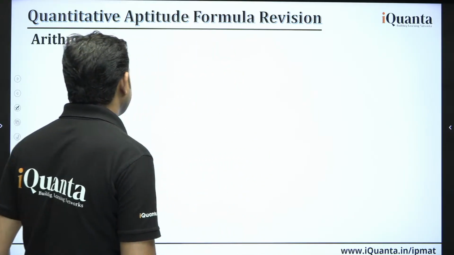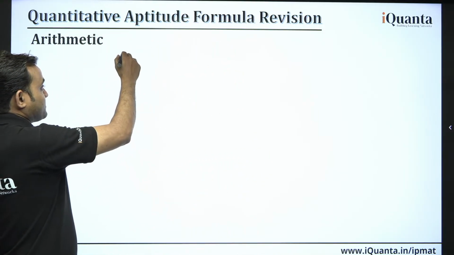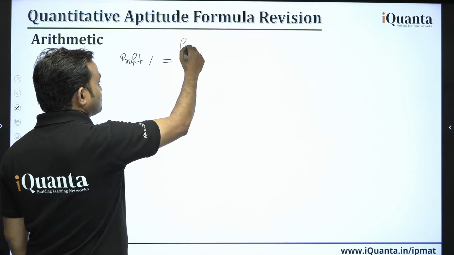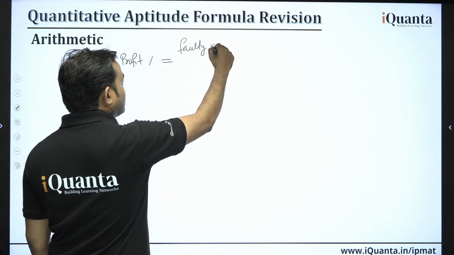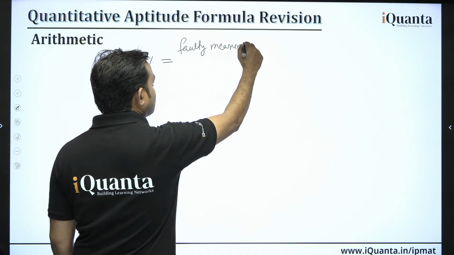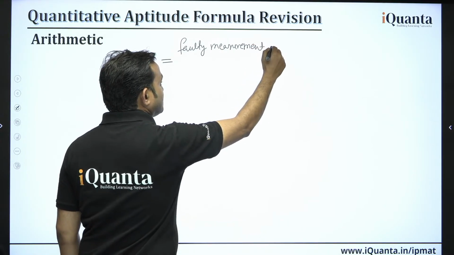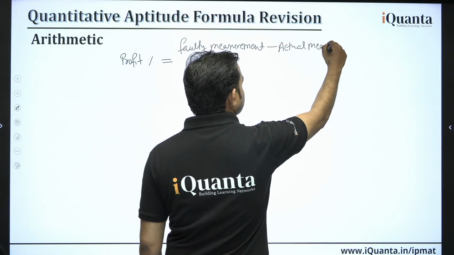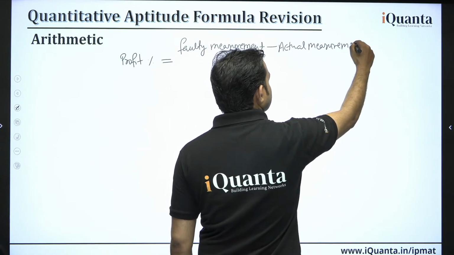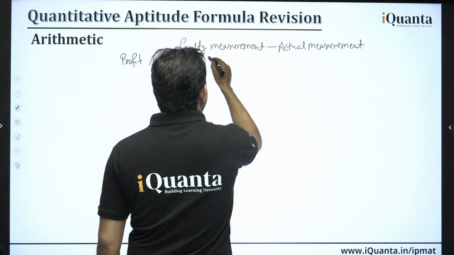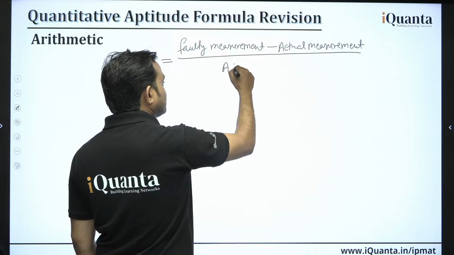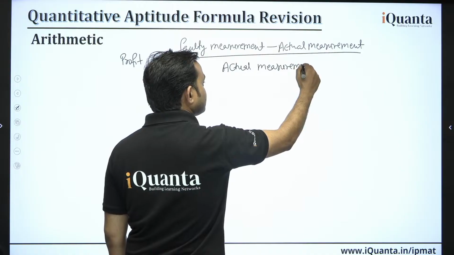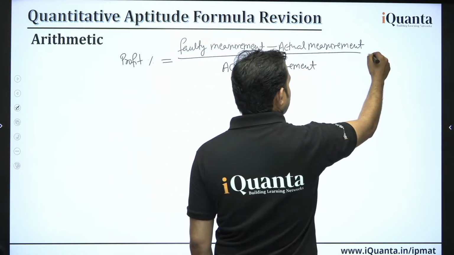So, in case of faulty measurement we can say profit percentage is equal to faulty measurement minus actual measurement, divided by actual measurement, into 100.